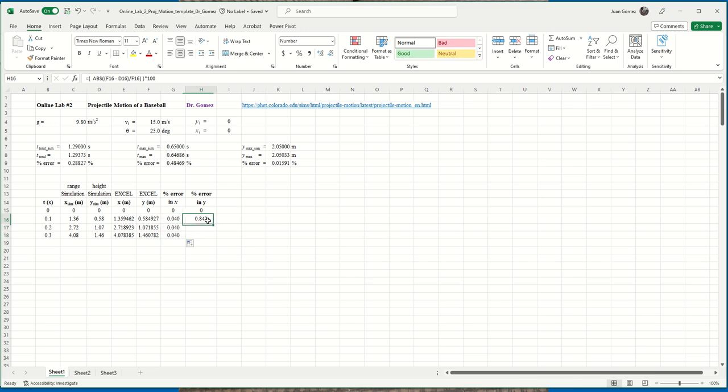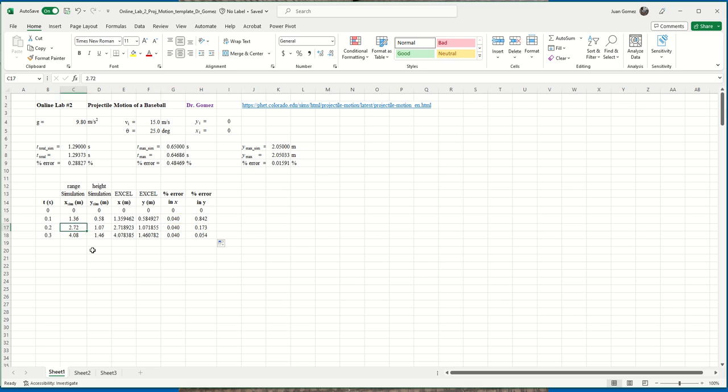Again, for the percent error, you've got to take that formula and drag it down. You can see here the X sim is 1.36. The calculated X is 1.359. That's going to be a very small error here.